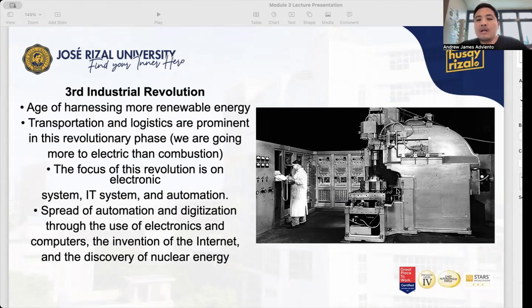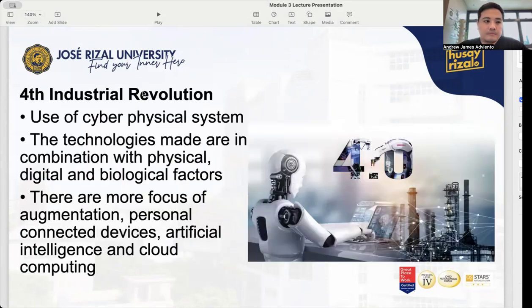And today we are living in IR 4.0, or Industry 4.0. This is the era of cyber-physical systems, where AI, or artificial intelligence, cloud computing, and the Internet of Things blur the lines between the physical and digital world.